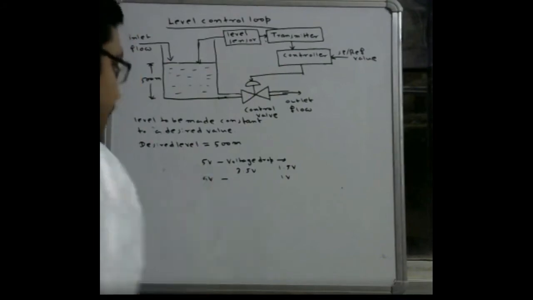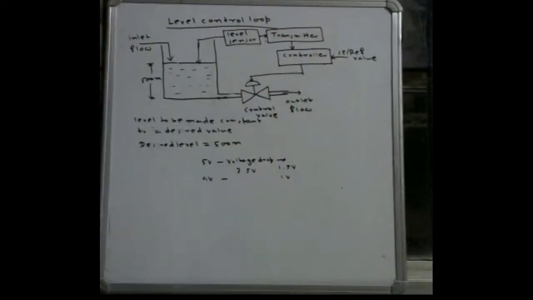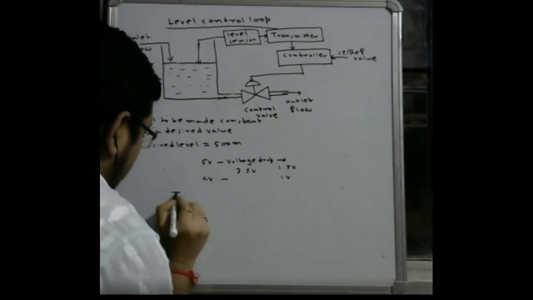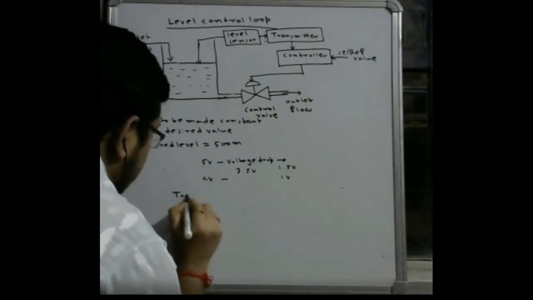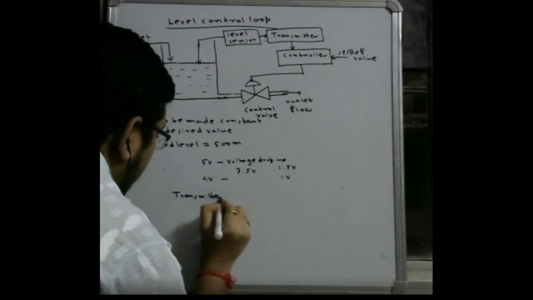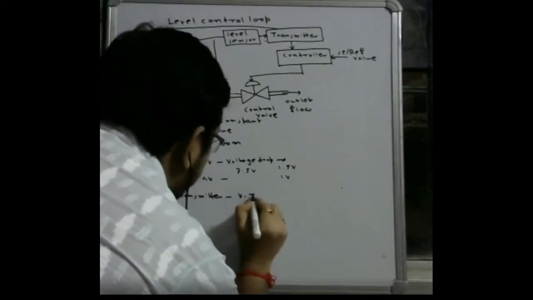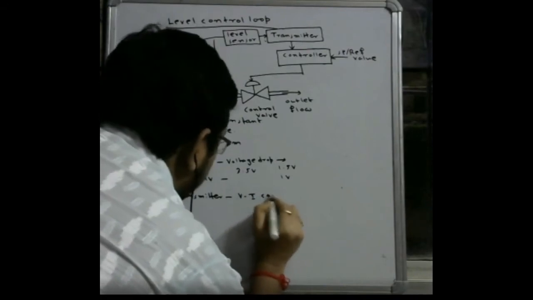So that's why there is a very important function of the transmitter. So what is the function of this transmitter? It is basically a V to I converter, a voltage to current converter.